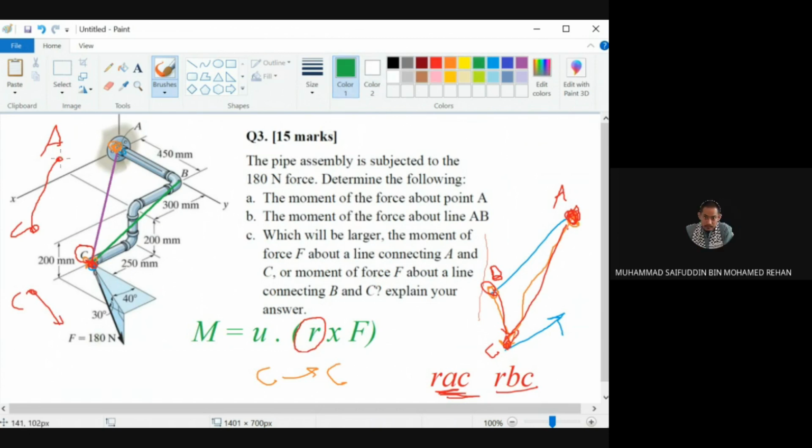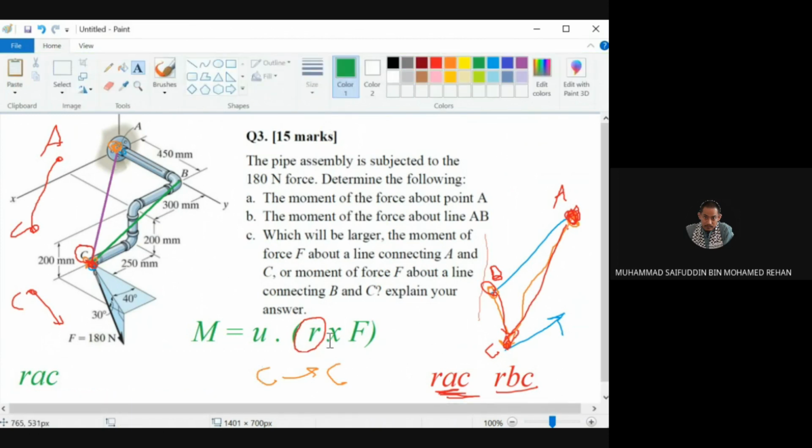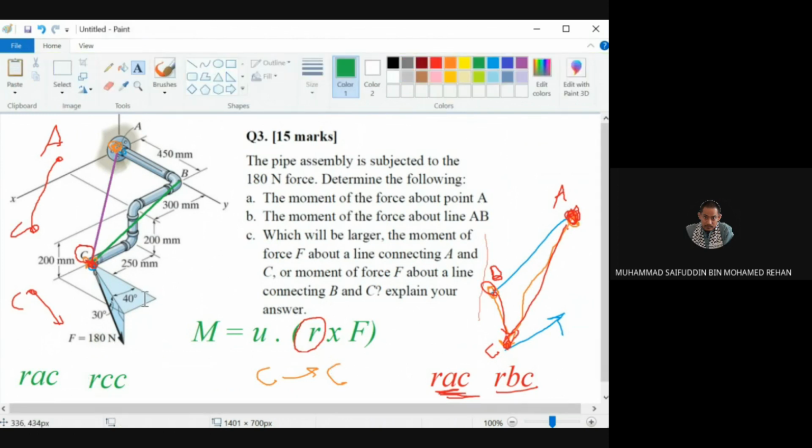I take from A to C, I'll get RAC, so I can calculate using RAC for this R. Is that clear? Or I can start from point C, so it becomes RCC, from here to here. But of course, it's actually the same point. Hence, RCC is actually 0.